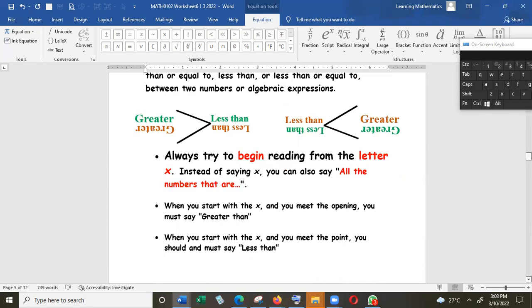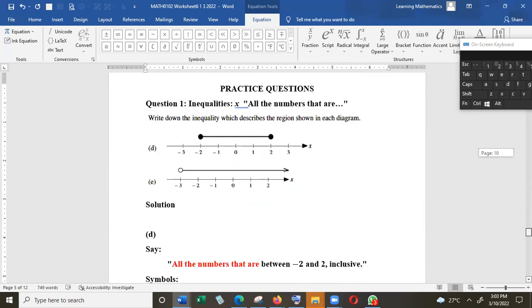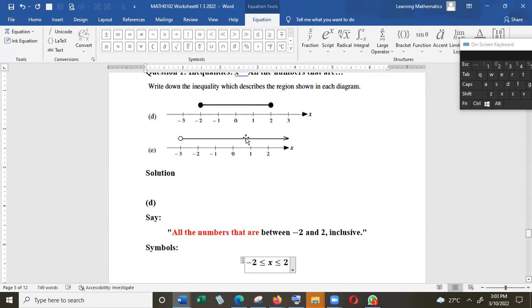So when we come to this situation and see this diagram, we are saying all the numbers between -2 and 2. All the numbers that are greater than -2: 0 is greater than -2, 1 is greater than -2.